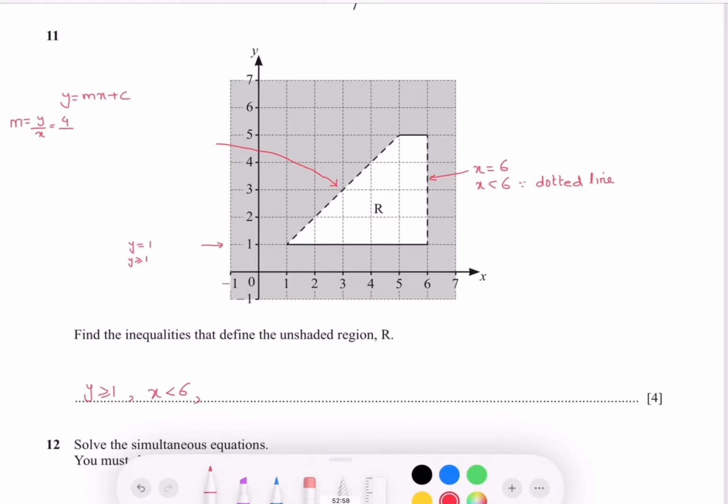So 4 units in the y-axis and 4 units in the x-axis, which is 1. So your gradient is 1, so no need to write 1. We can write y is equal to x plus c. If you extend this dotted line towards the origin, you will notice that c is equal to 0. It will touch the 0 line. So you are left with y is equal to x. So the equation of this line is y is equal to x.